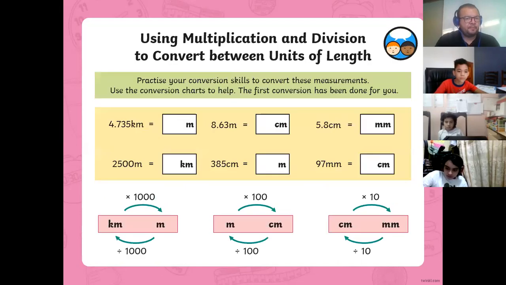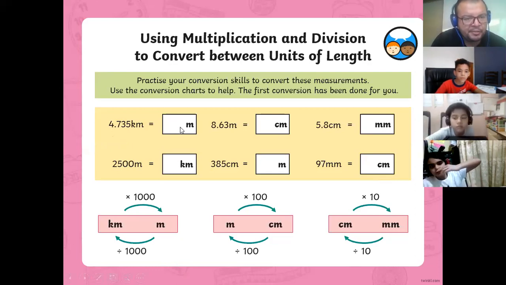So let's continue. Let's practice your conversion skills to convert these measurements. Use the conversion charts to help. The first conversion has been done for you. The first one, 4,735 kilometers.